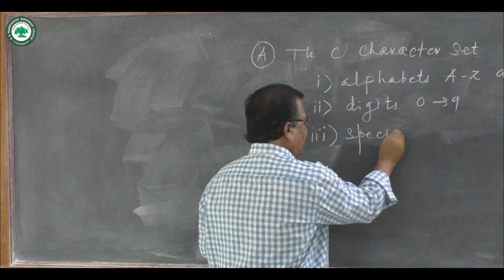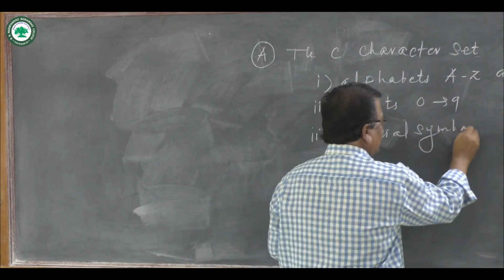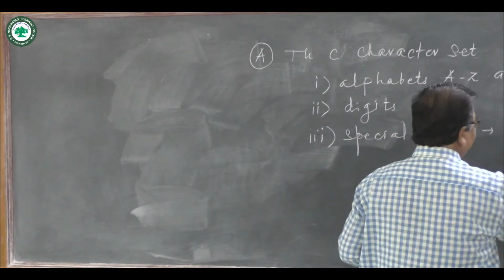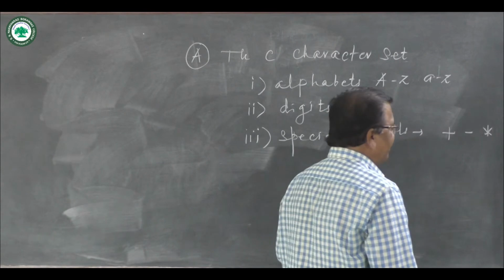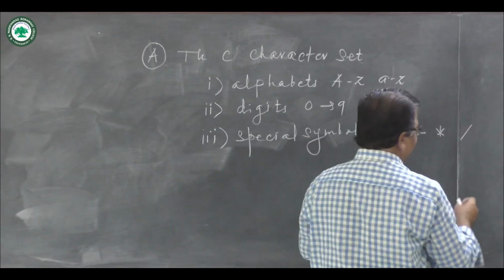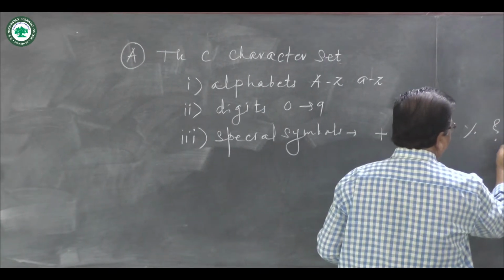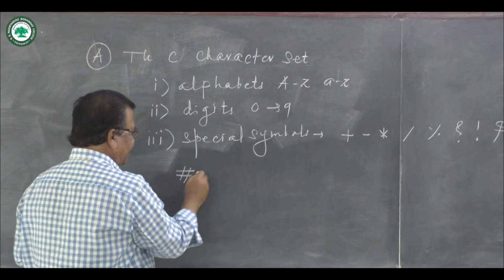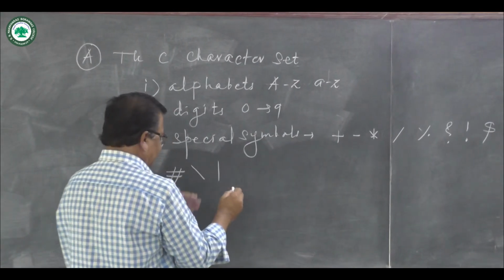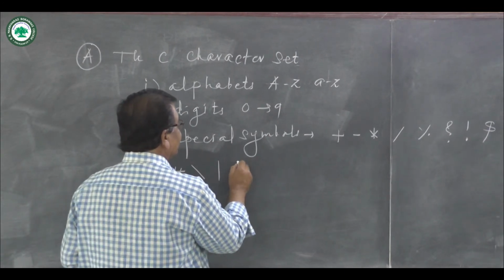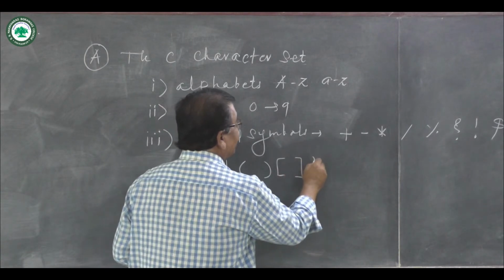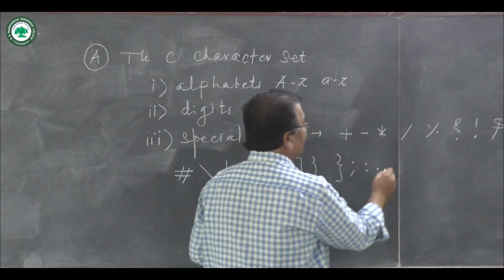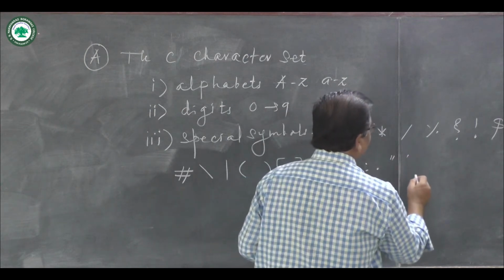Special symbols. These are symbols other than alphabets and numeric digits, such as plus, minus, star or asterisk, which is used for multiplication, then forward slash, percent sign, question mark, exclamation sign, dollar, hash, backward slash, vertical line, or we call it a pipe, parenthesis, square bracket, left and right braces, semicolon, colon, full stop, double inverted commas, single inverted commas, and so on.